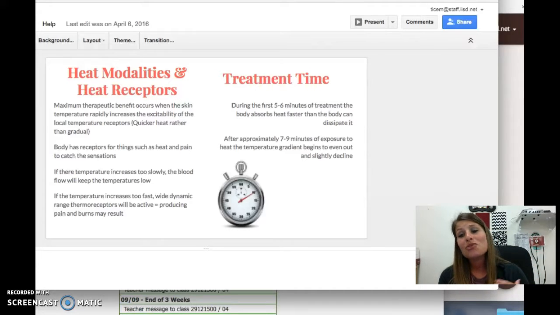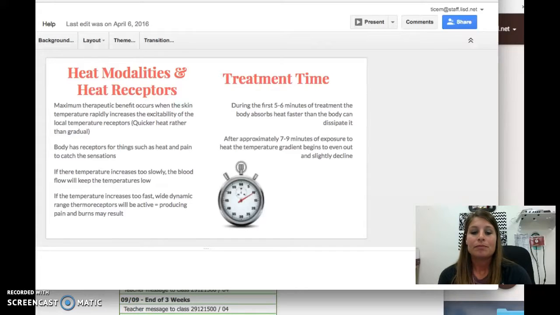So if it's too slow, you're not ever going to heat that area because it's constantly being replaced by the next round of fluid. Okay, so it does need to be hotter temperatures, I guess, is the best way I can think about that. It needs to be warmer to get that benefit.